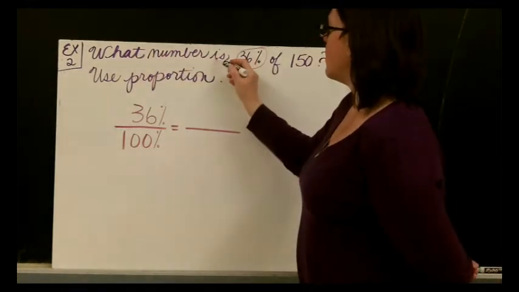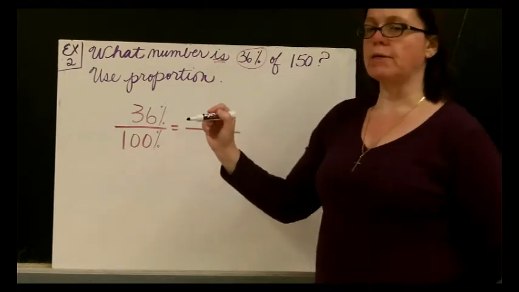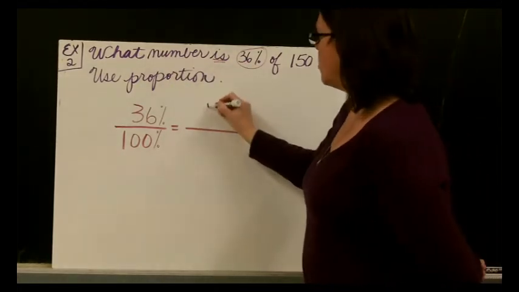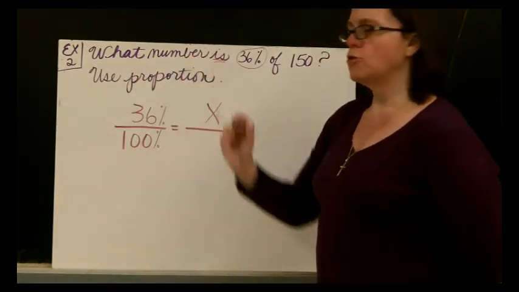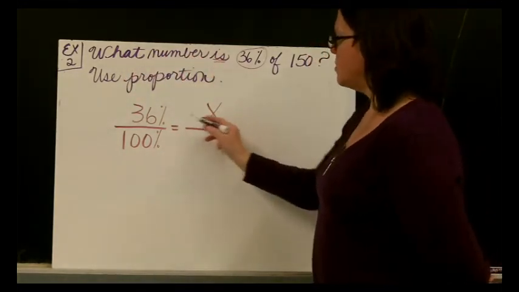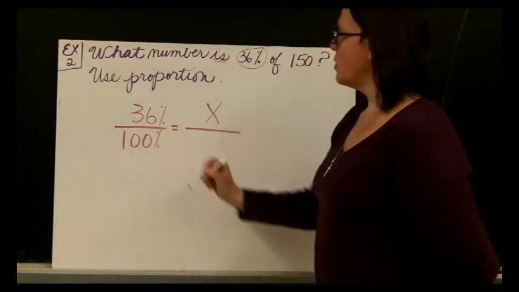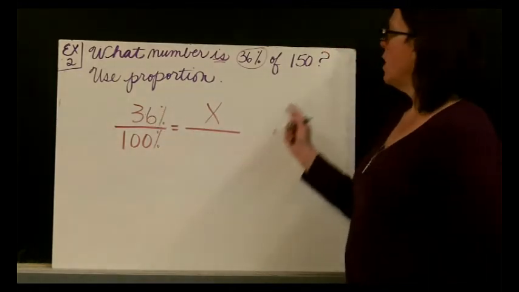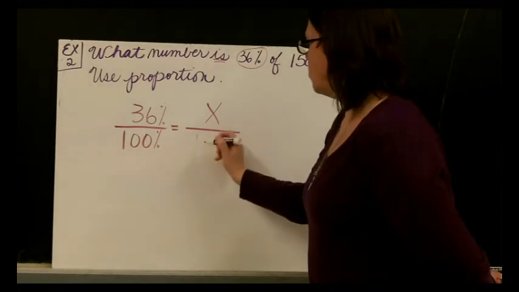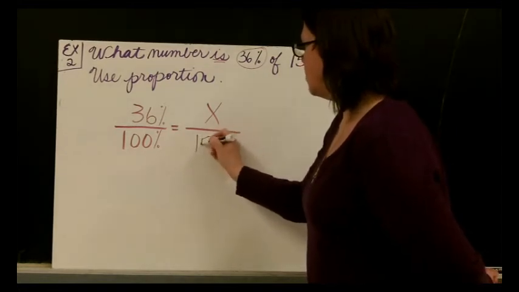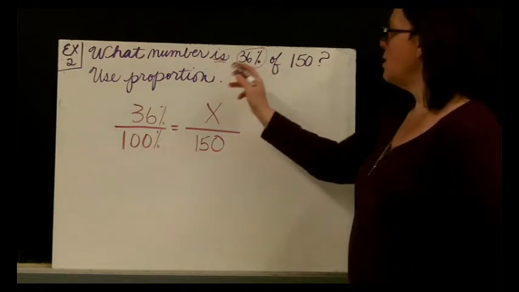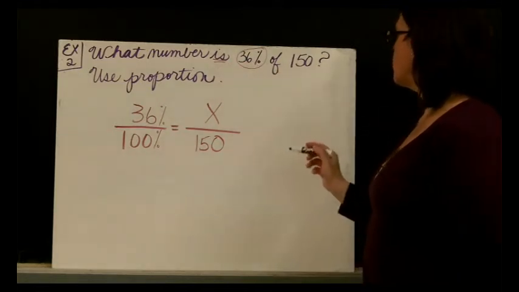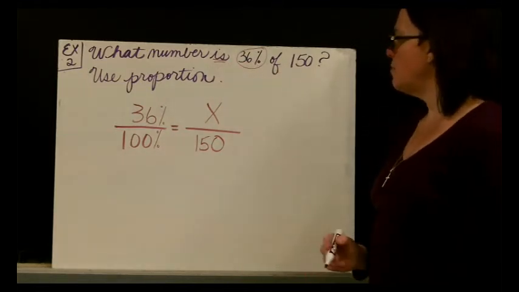Again, a grammar lesson. We have the linking verb is. Our unknown, because it says what number, that's what we're looking for, has to be equal with the 36% of 150. 150 here is our whole.